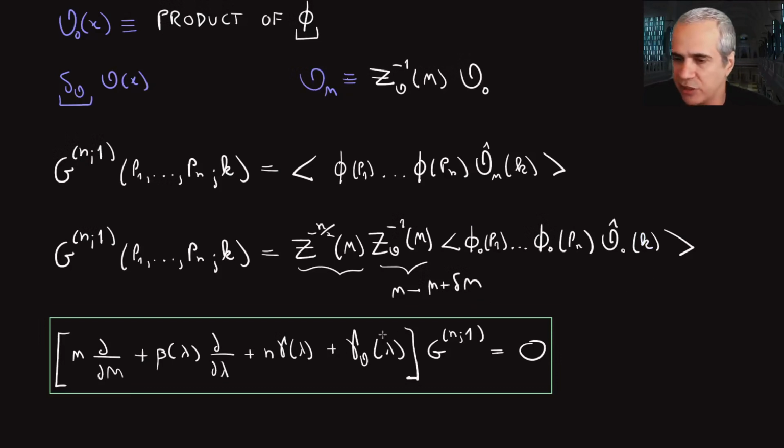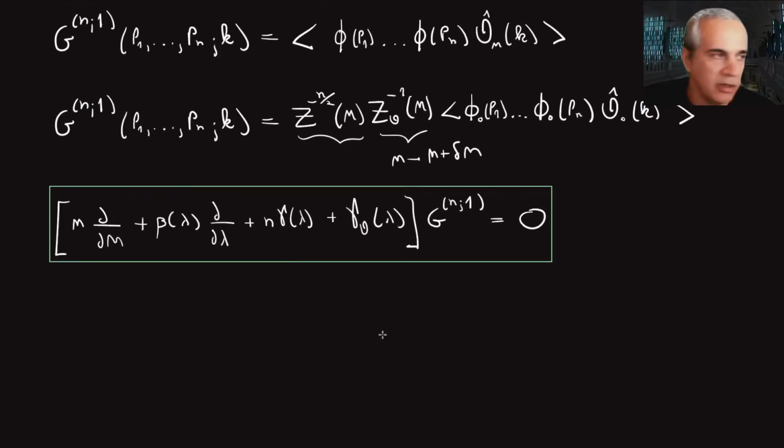The definition of this new anomalous dimension, now I can call it like that, this is the anomalous dimension of this operator. You can call it gamma function if you want. It is now given by the same definition we used before.